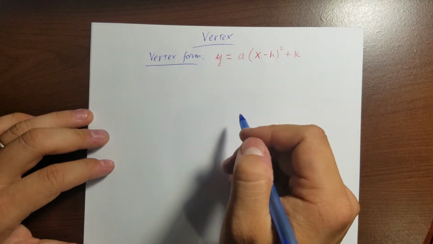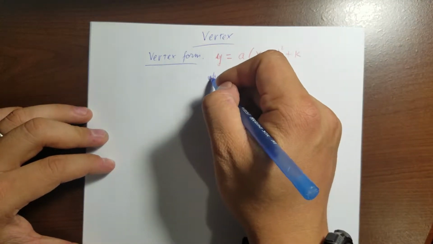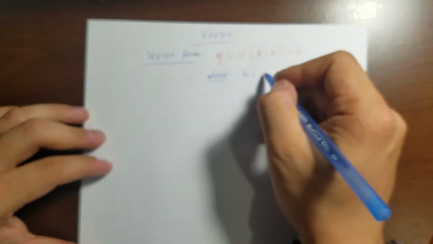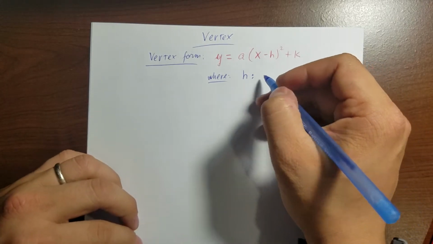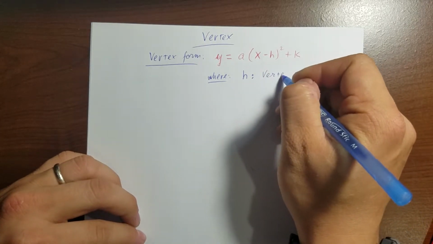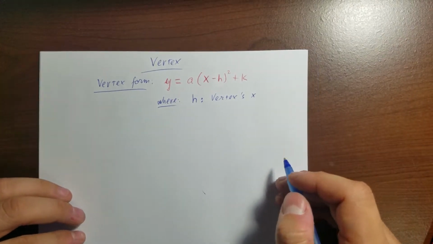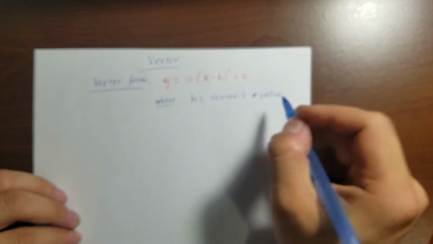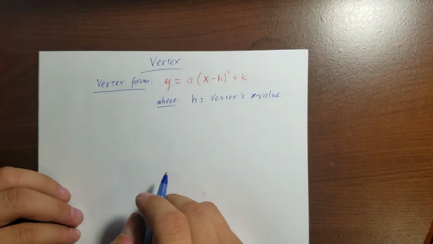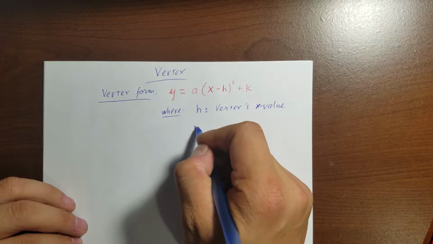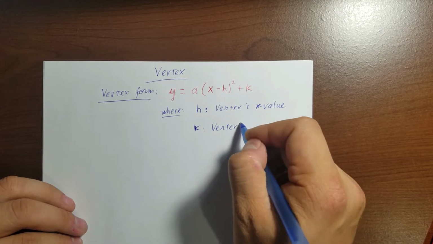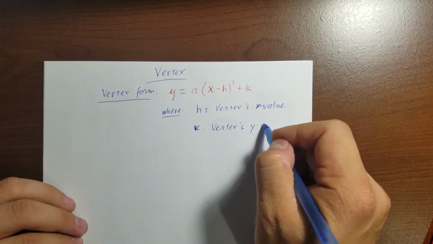Now, h stands for your vertex x value, and k stands for your vertex y value.